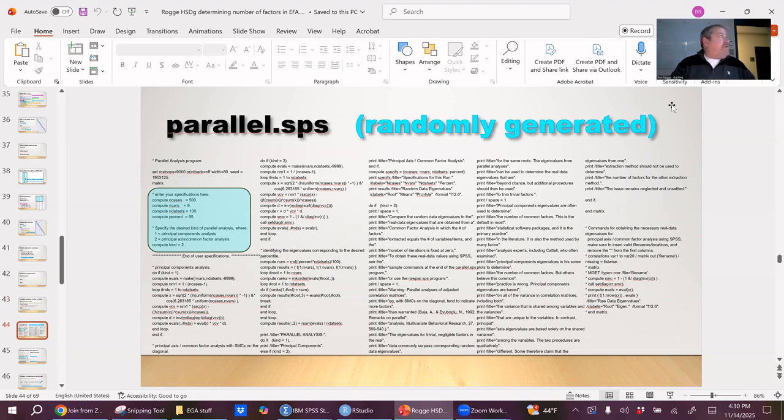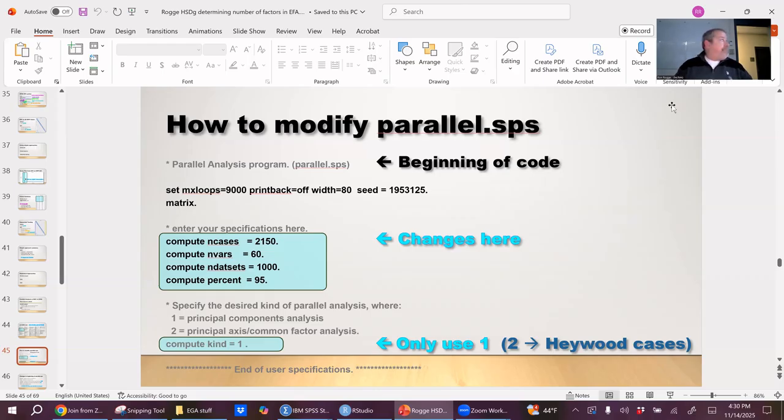So this is the code. He has an SPSS syntax file, parallel.spss. And the only part that you have to change is right here at the beginning. So I'm going to zoom in on that. You need to tell it what your sample size is, how many variables you have, how many data sets you want it to make, and what percentile you want it to give you.